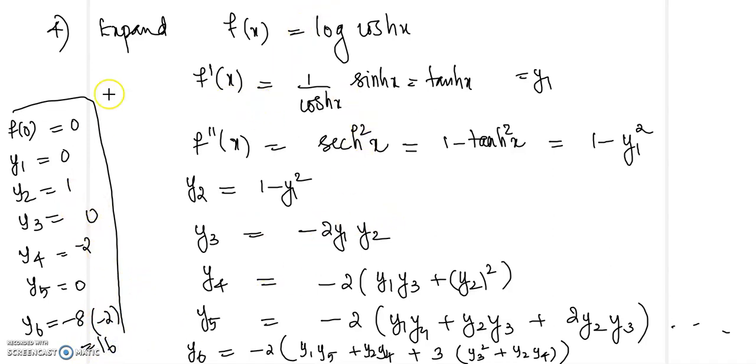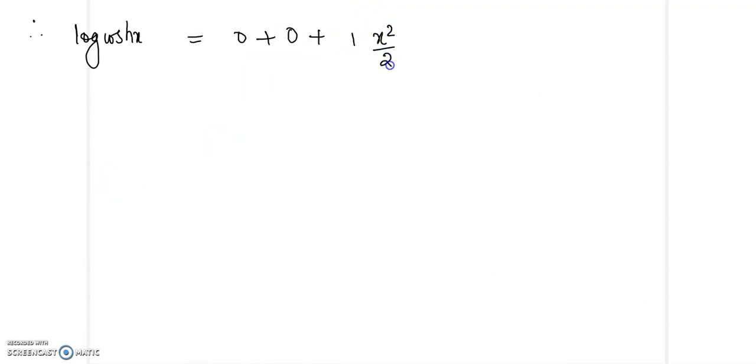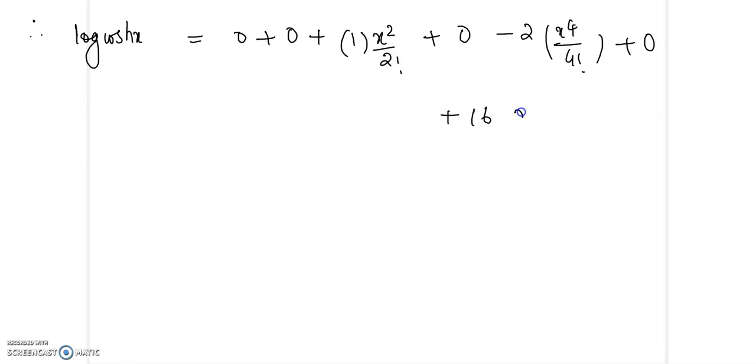So we have got the value of derivatives at the point 0. So therefore log cos hx is equal to, first term is 0, second term is 0, then the third term, you get 1 into x square by 2 factorial, plus again y3 is 0, then minus 2 x raised to 4 by 4 factorial, y5 is 0, and last term was 16, so 16 x raised to 6 by 6 factorial.